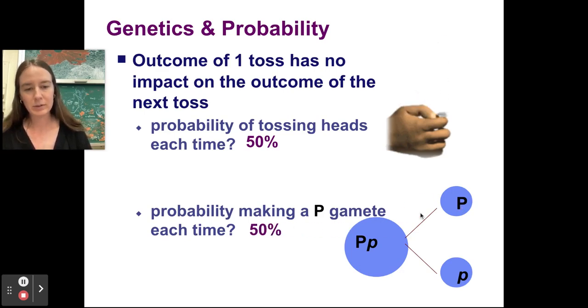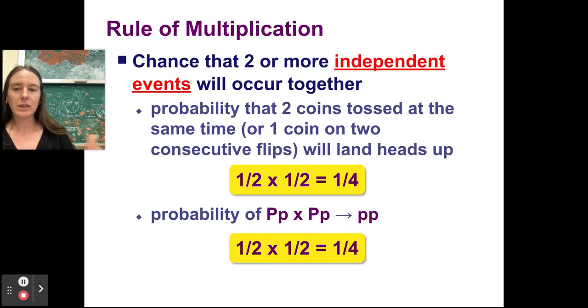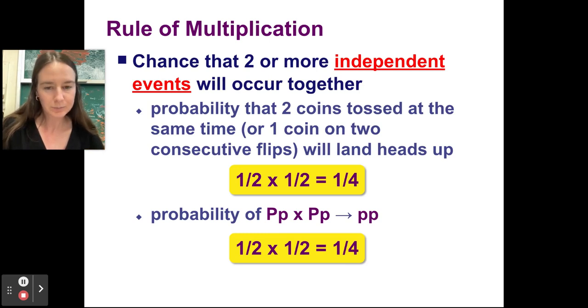It's 50%, okay? So we can use this thing called the rule of multiplication that helps us quantify what's happening and make predictions. Here's what the rule of multiplication says, and I encourage you to write this down, and I'll explain it. It's the chance that two or more independent events will occur together.